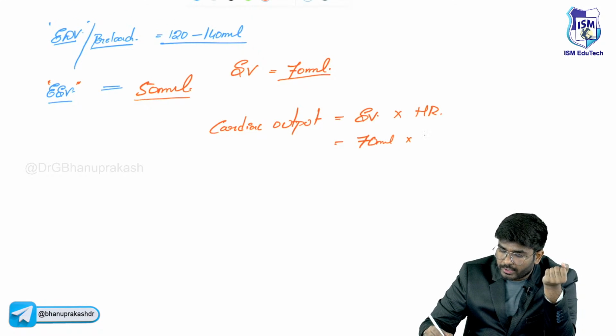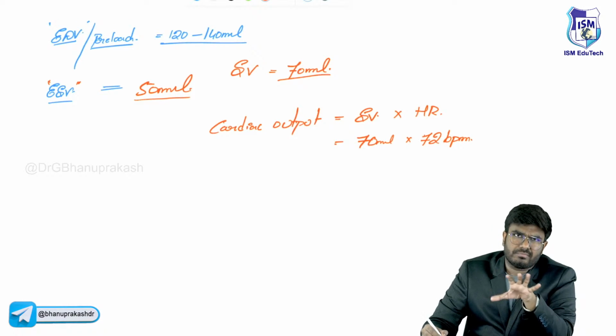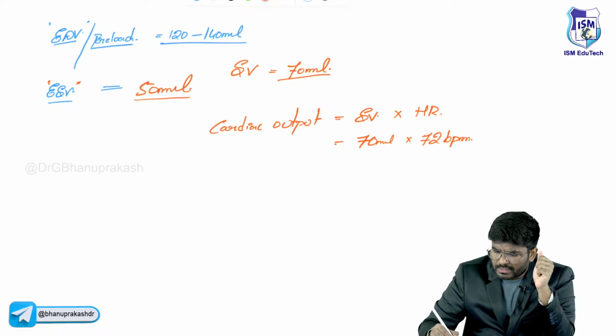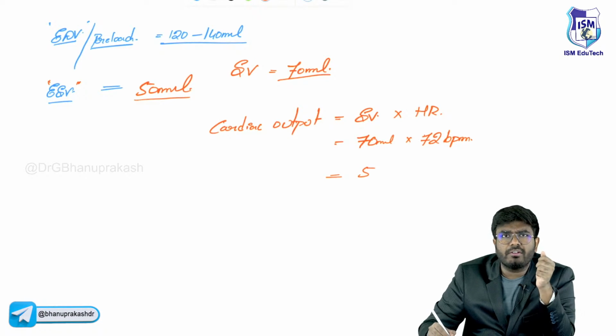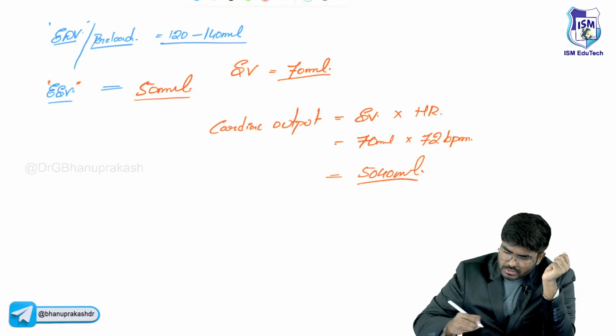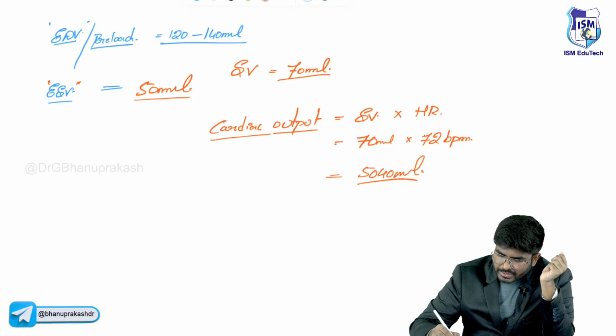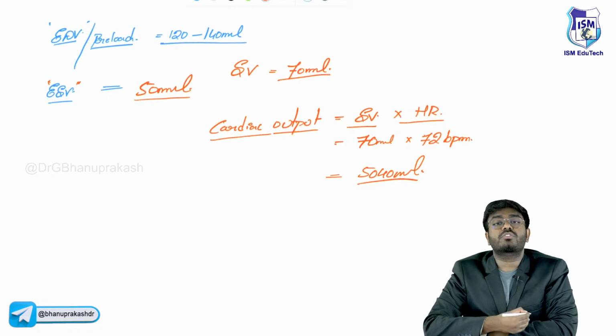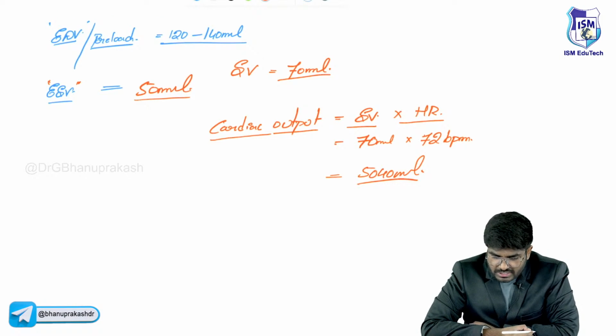A human heart beats somewhere around 72 beats per minute. It's just a round figure. So 70 into 72 is approximately 5 liters. That's our cardiac output. So the formula for cardiac output is stroke volume times heart rate, right?